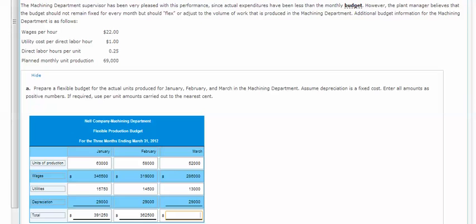I take the number of direct labor hours, multiply it by $1, and I get my utilities, my fixed cost of 29. Now I'm going to add those together for the period. And that equals 328.